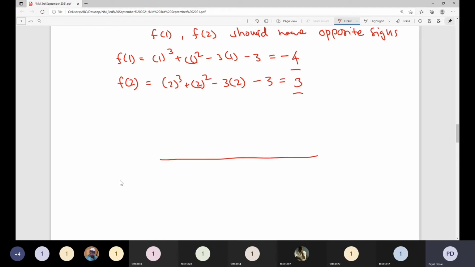If you plot the graph, I don't want to plot it, but I'm just hypothetically telling you that if the graph is something like this, there is -4 here, and this is your function's value, but this is your 1 and 2. So it is a bracketed interval.